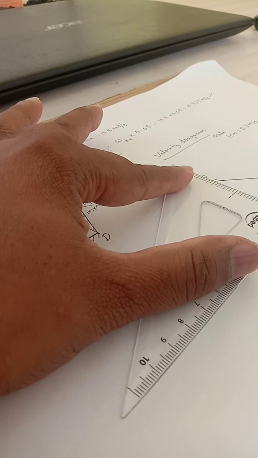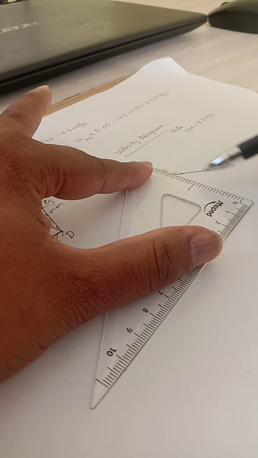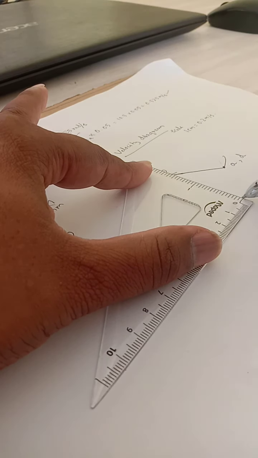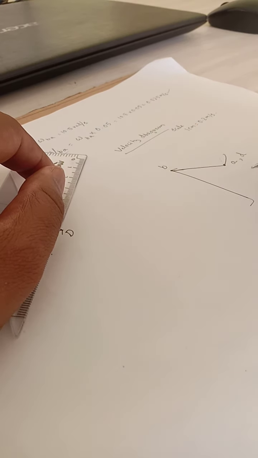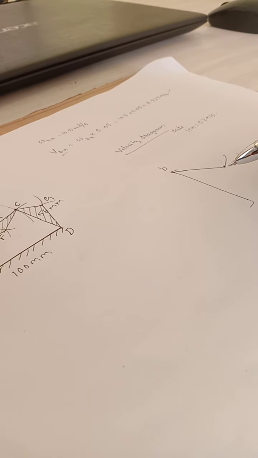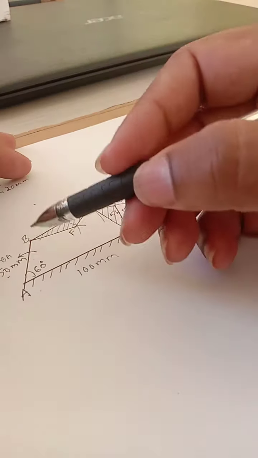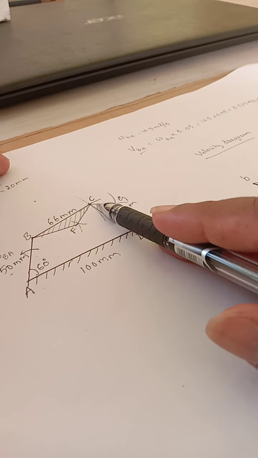I am bringing this VCB, the velocity of point C with respect to B. This line is perpendicular to link BC. In that direction I am just drawing an arbitrary length, since I don't know the exact length, from B perpendicular to BC. Okay, so now link AB is over, and link BC is also over.